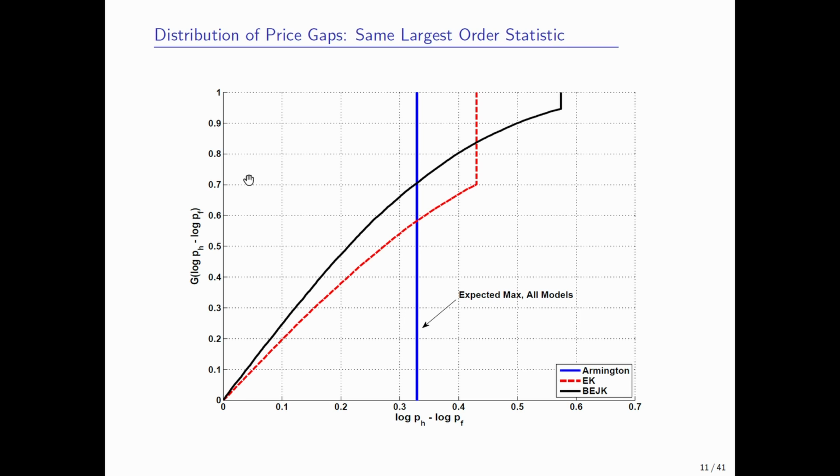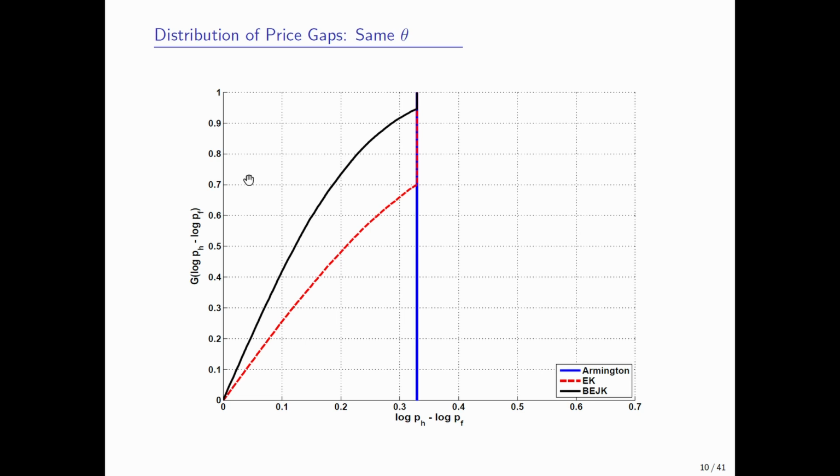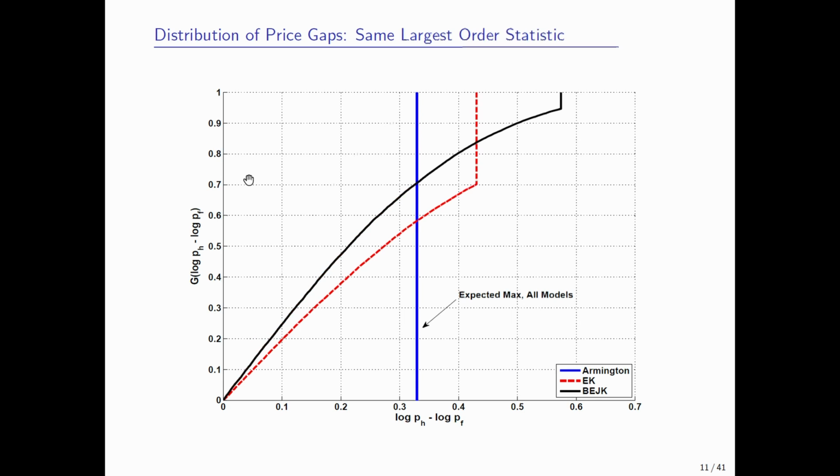But how about the EK and the BJK model? Given the shapes of the distributions that I showed you on the previous slide, the EK model will have to go way past the expected trade barrier in order to hit it in expectation. Why? Because you'll be picking up a lot of price differences that are below that max, below that trade barrier.